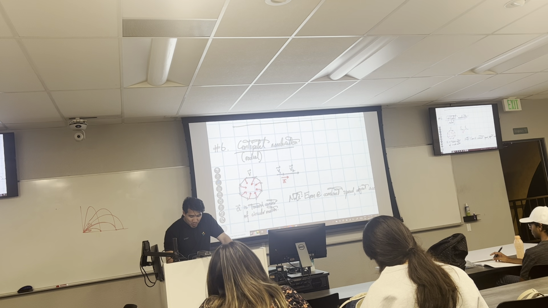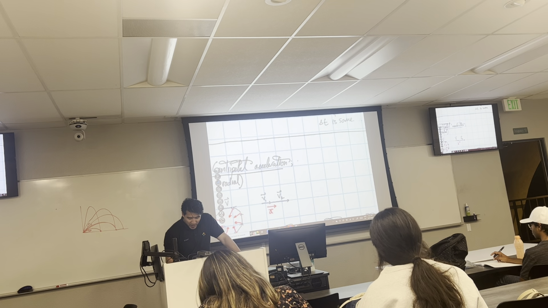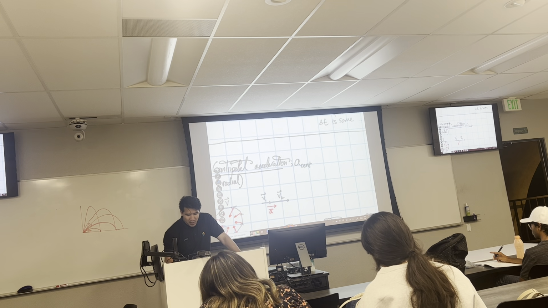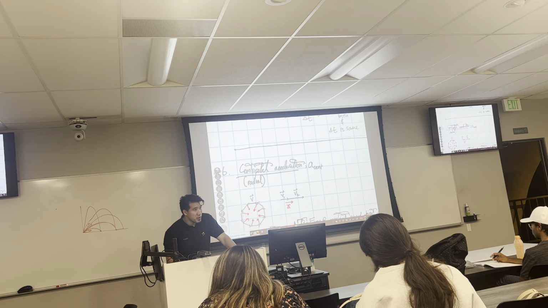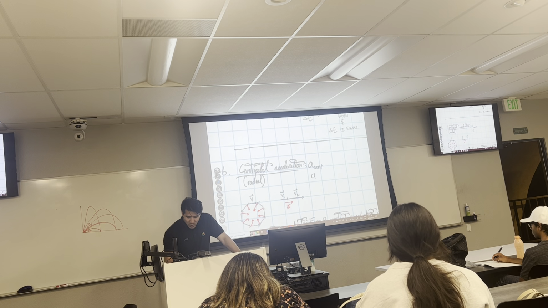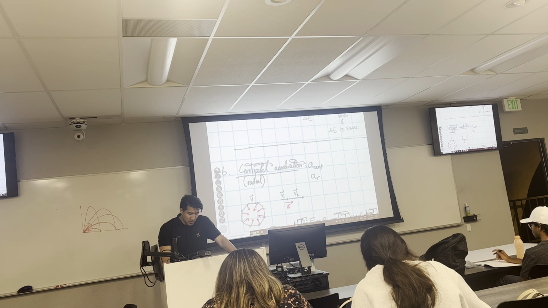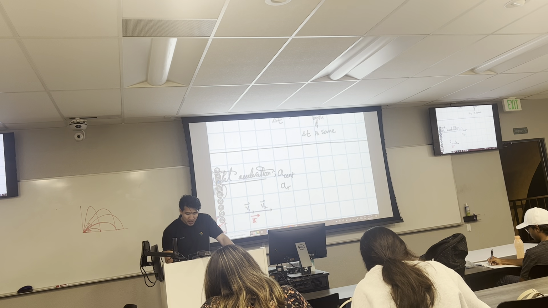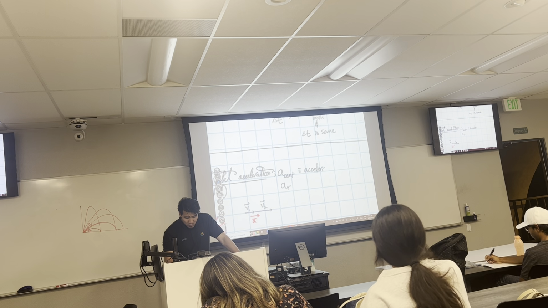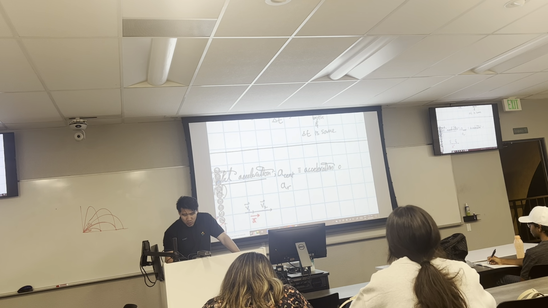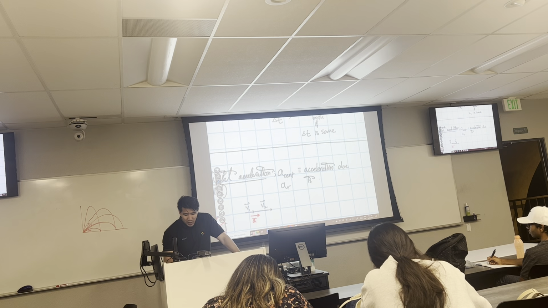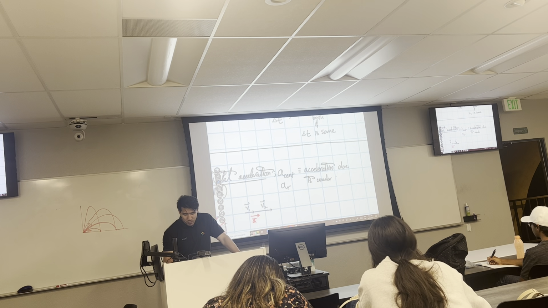And so the centripetal acceleration, we call it a cent, or sometimes, because it's the radial acceleration, we also say a sub r. Both of those would be okay. This is defined as the acceleration due to a circular trajectory.